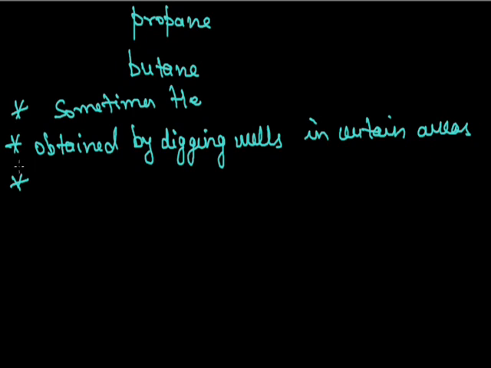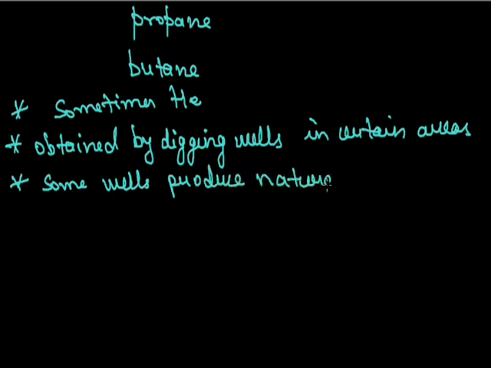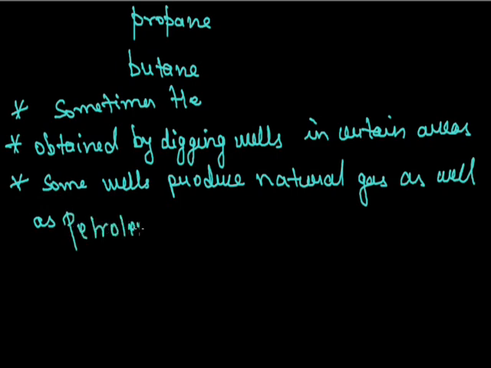Some wells produce natural gas as well as petroleum. While some wells, as I told you, produce only natural gas. The wells producing only natural gas are fewer.